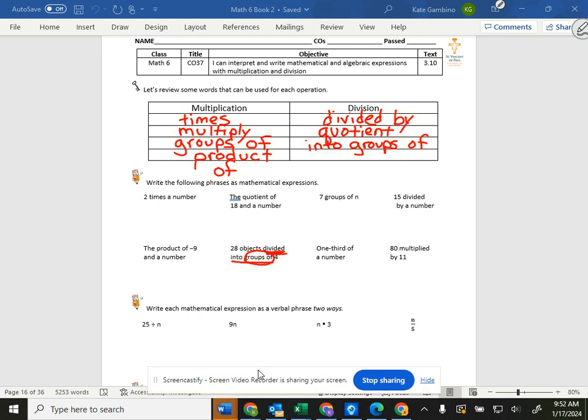This says divided into groups of. They were placed into groups of. So if they're going into groups, we're dividing it down. But here, if we have 7 groups of n, we're multiplying up. So be looking, if it has that word into, we're going down into those small groups.